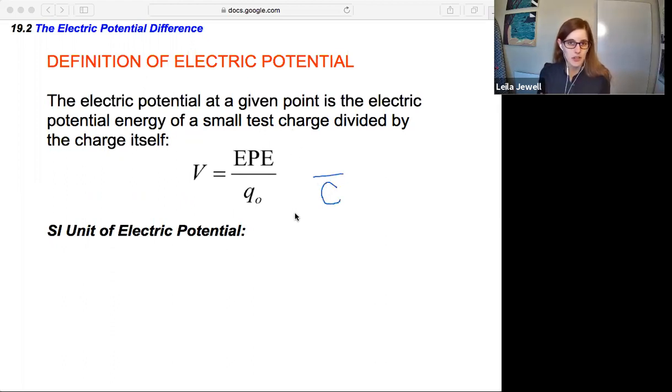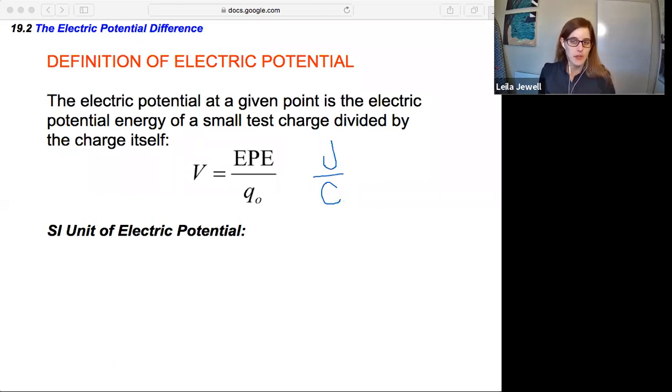We haven't yet talked a whole lot about it, but we've said it's similar to our previous potential energy, gravitational potential energy. So what is the unit for potential energy? It's the joule, right? Electric potential energy is much the same. It has the units of joules. So the electric potential then has units of joules per coulomb.